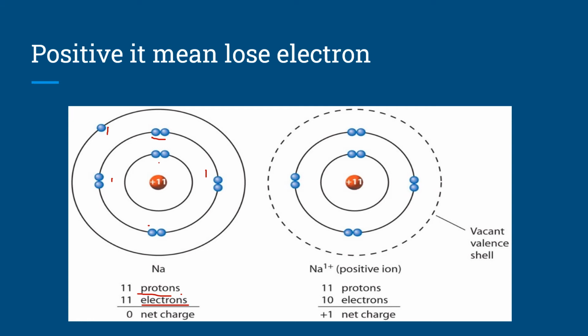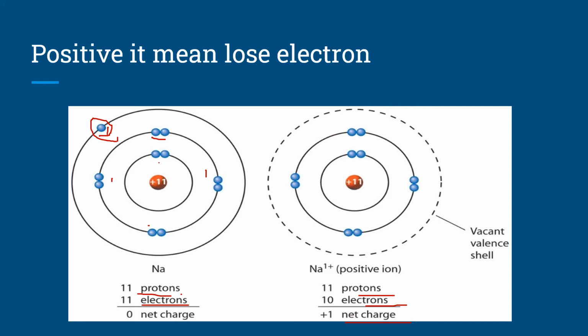But when sodium loses this electron, the valence shell will be cancelled. Then the number of electrons will be 10, and the number of protons is still 11. By this, the net charge is positive 1, because protons are positive and electrons are negative.